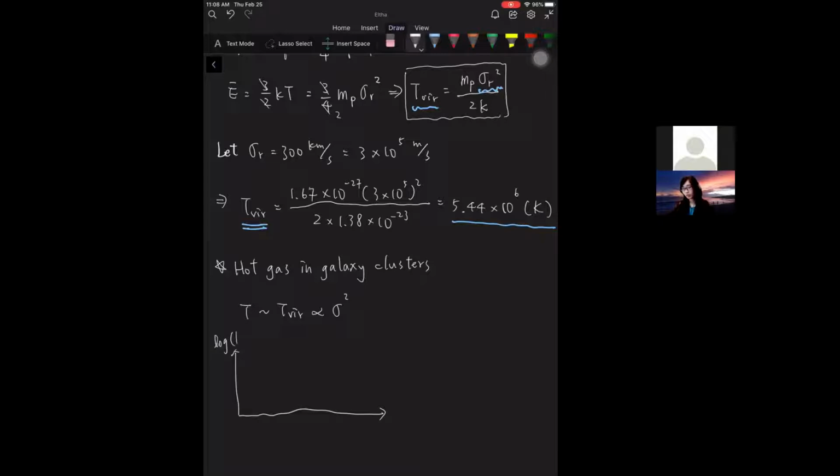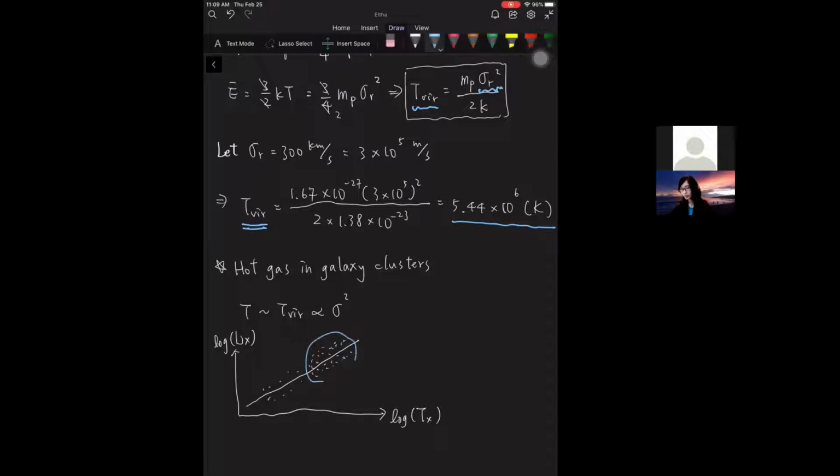There's an empirical relation like this, and we have many samples of galaxy clusters here, and fewer samples down here because they are fainter.